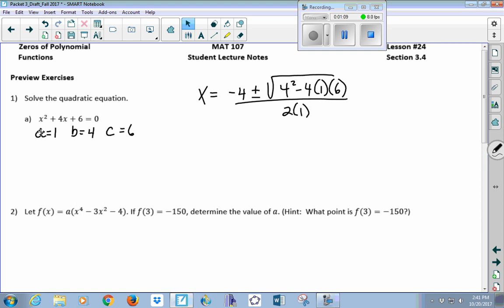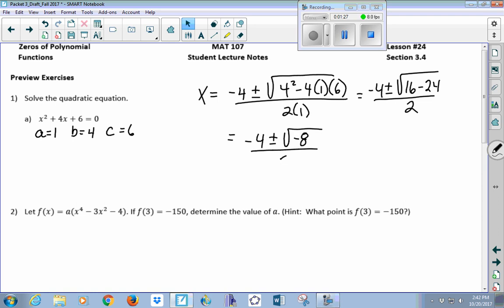So that gives me negative 4 plus or minus the square root of 16 take away 24 all divided by 2. So this equals negative 4 plus or minus the square root of negative 8 over 2.